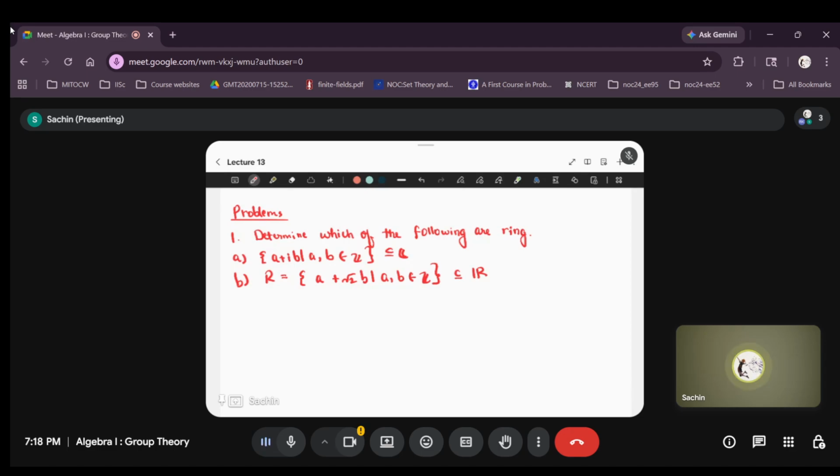Square root 2 times b. 1 plus root 2 is a member. 1 plus 2 root 2 is a member. You can add a real number, or you can add a real number multiplied with square root 2.